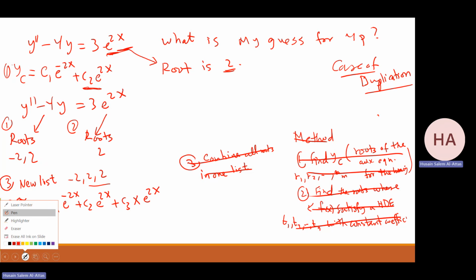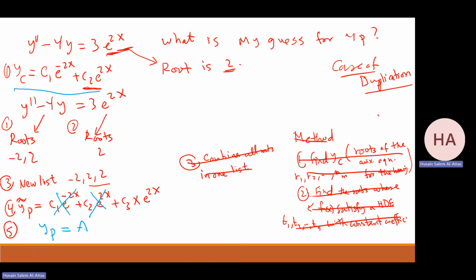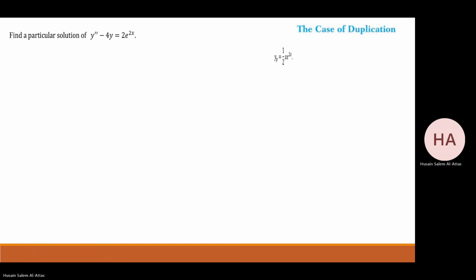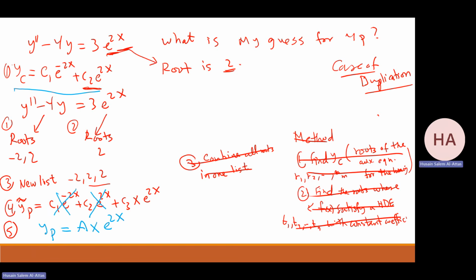Last step: this is yc, cancel yc. Cancel this, I cancel this. So it will be my yp, A x e to x. That will be my guess, and then I need to do the calculation to find the A.